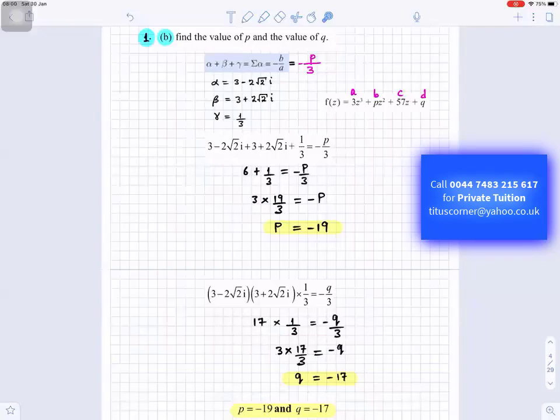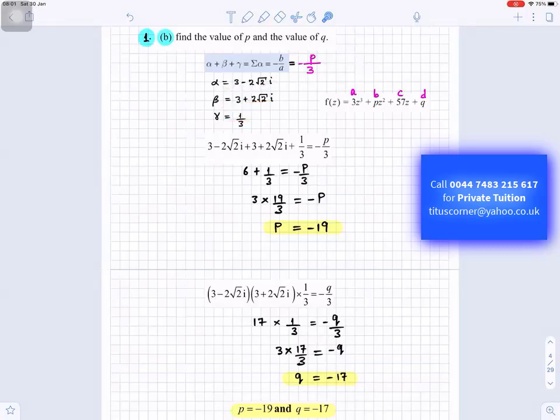Question 1b, find the value of P and the value of Q. We know that alpha plus beta plus gamma is equal to minus B over A. But B is P and A is 3. So from that function which was given, B is P and A is 3. And we know alpha, beta, and gamma.